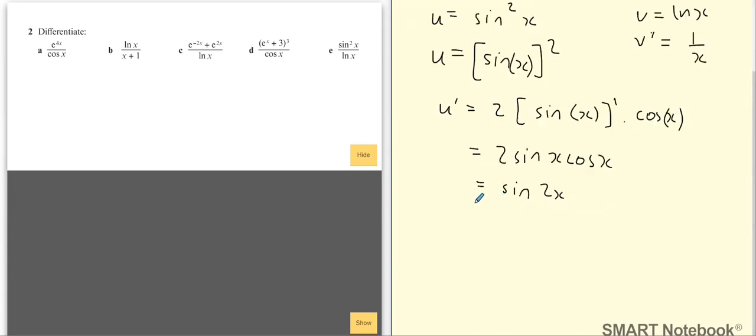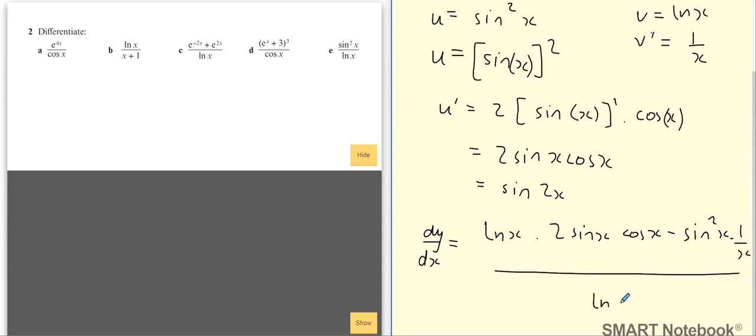So now if we think about dy by dx, vu dash, so ln x times by 2 sine x cos x minus uv dash, sine squared x 1 over x all over v squared, ln x all squared.